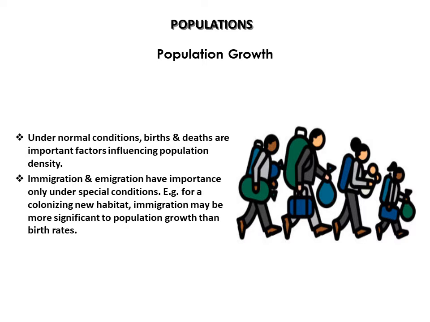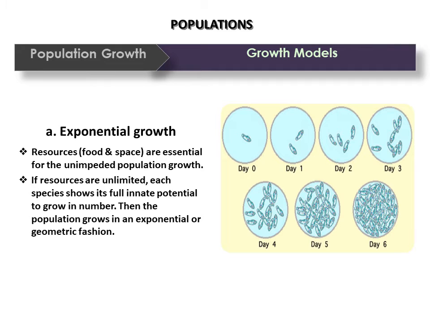Otherwise, the normal birth rate is what is happening in a population. It's not that every day you'll have people immigrating into your habitat. So birth and death rates are the normal important factors, but immigration and emigration we consider only under certain circumstances.